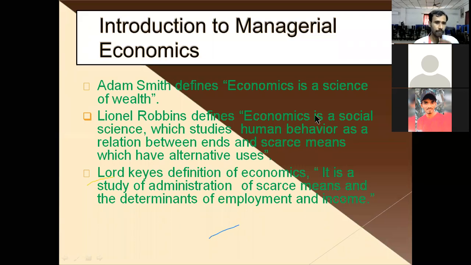I have a doubt here. Which will be the most appropriate definition to answer in the examination? Every definition has its own significance, and being a student, you have all the right to quote your own definition. You can choose any one. Say, sir, I cannot remember. In that case, you can prefer the first one: economics is a science of wealth.